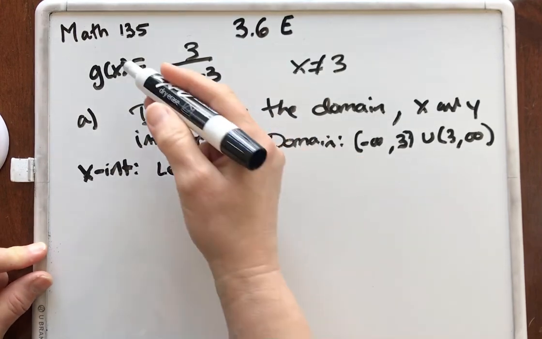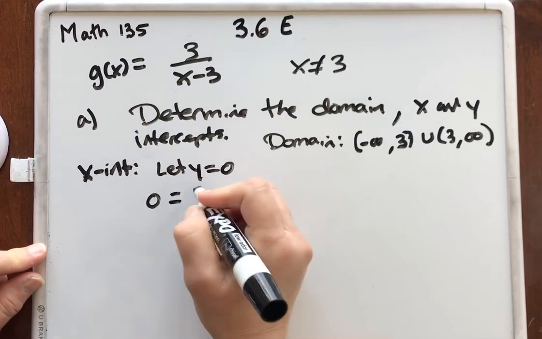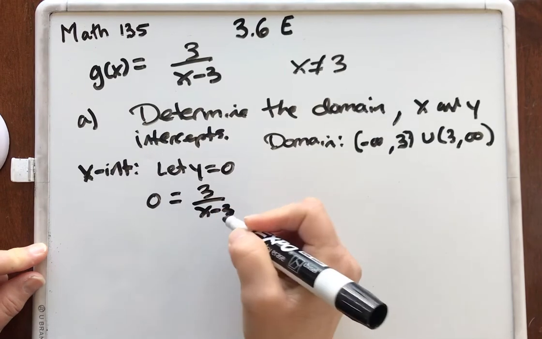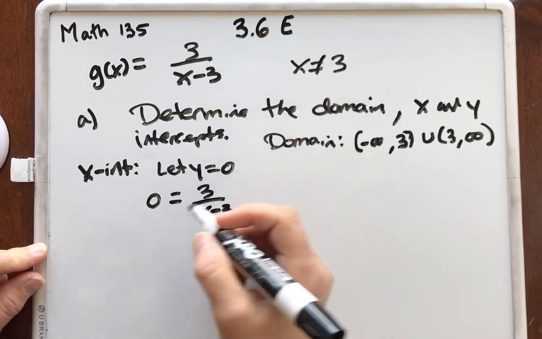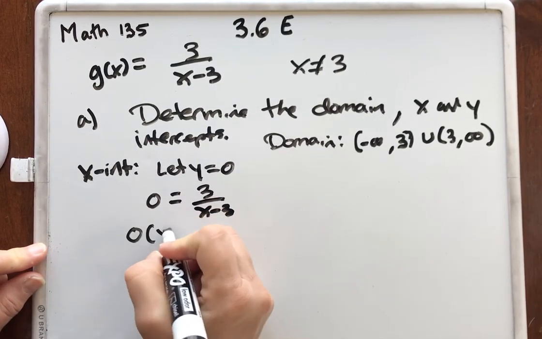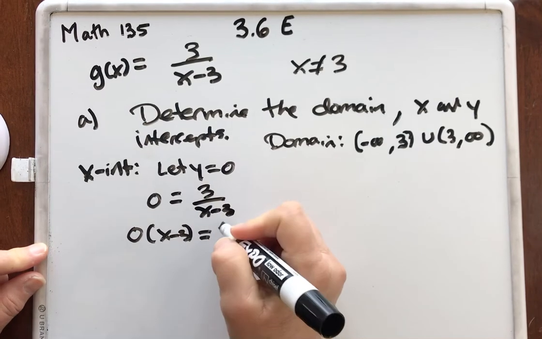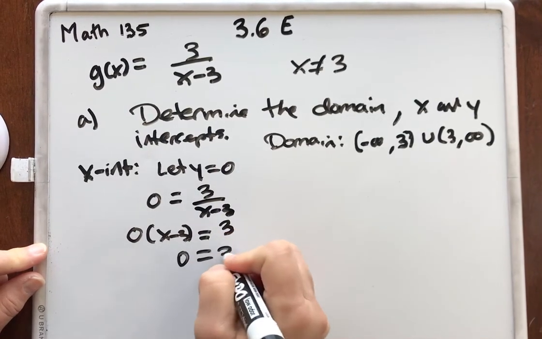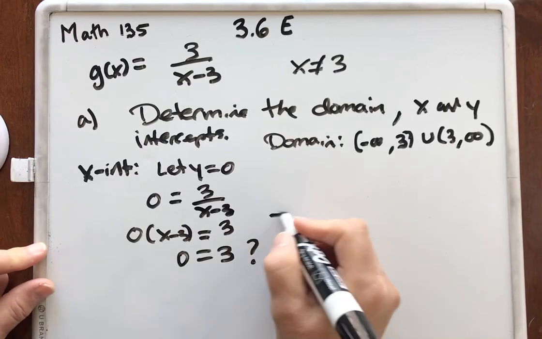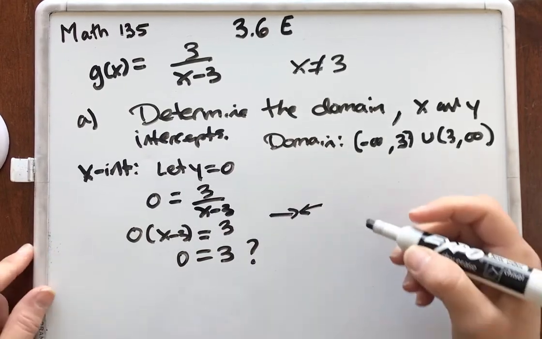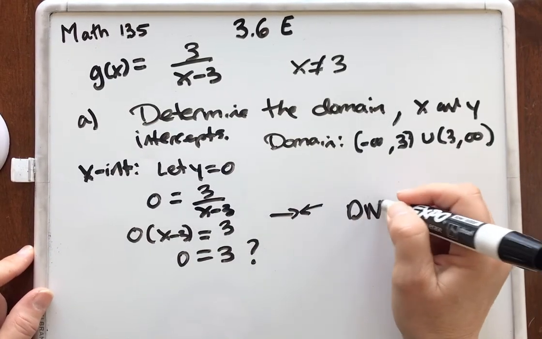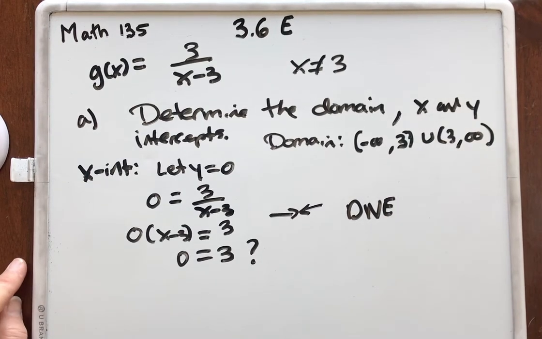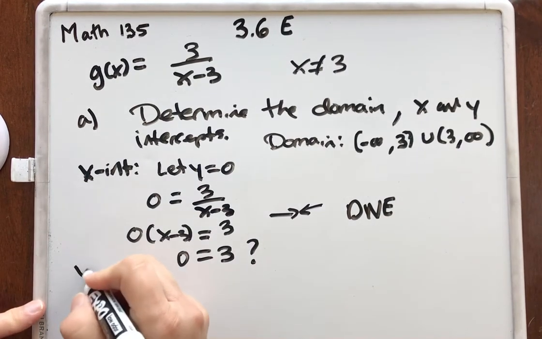Okay, so if we let this equal 0 and we multiply both sides by x minus 3, we get 0 times x minus 3 equals 3. 0 equals 3. That doesn't make sense, right? That's a conflict. And so when there's a conflict like that, it does not exist. There is no x-intercept.